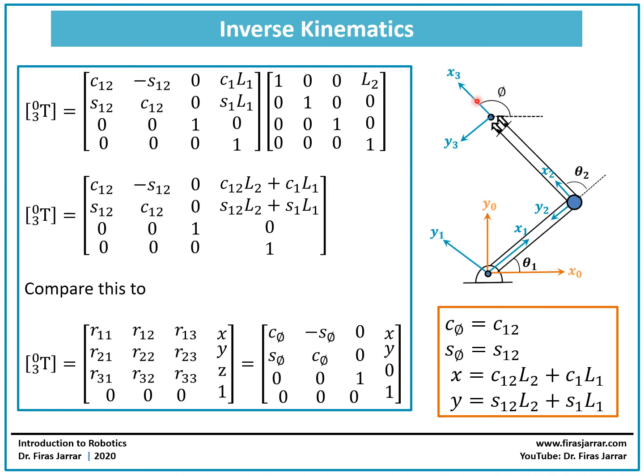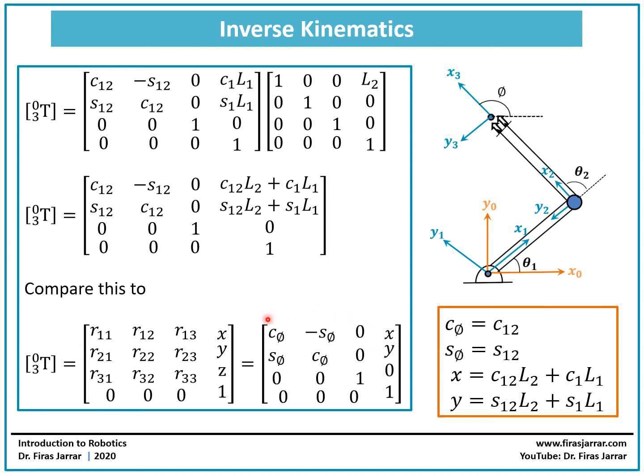We also see that since it's a planar robotic arm, the z will always be 0, so we're going to have an x and a y. In inverse kinematics, it will not be easy for all problems to determine the orientation.